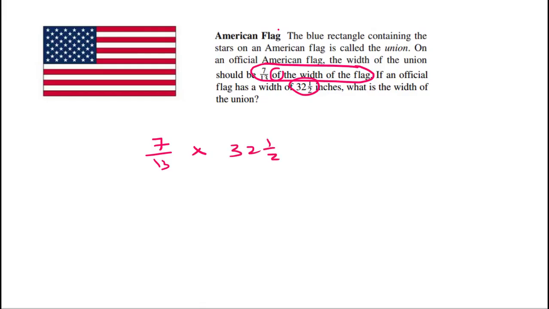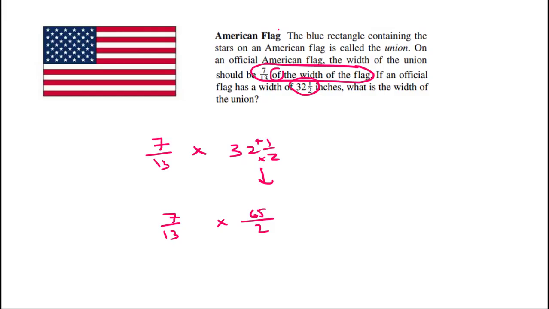Okay, so what we need to do is this is a mixed number. We need to change it to an improper fraction. So remember to do that, you just multiply these two numbers here, the 32 and the 2, and then we add the 1. Okay, so that's going to give us 32 times 2, which is 64, plus 1, which gives us 65 over 2.